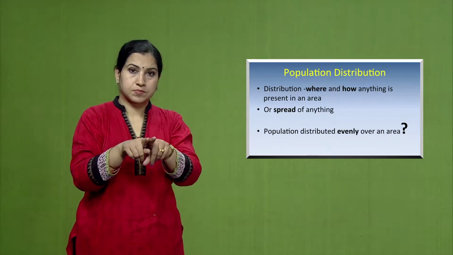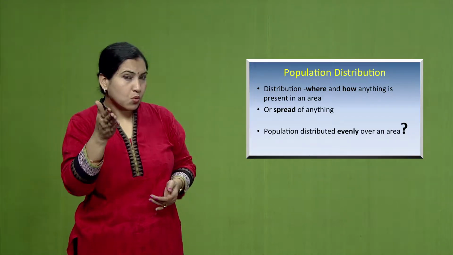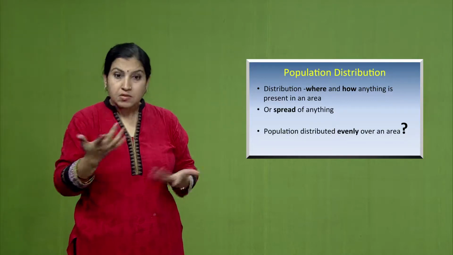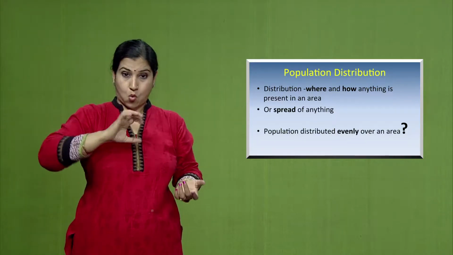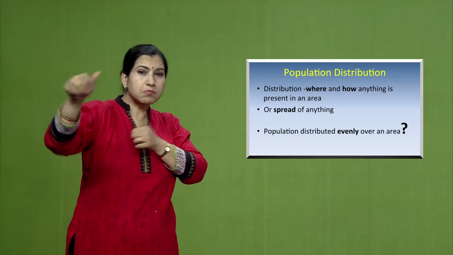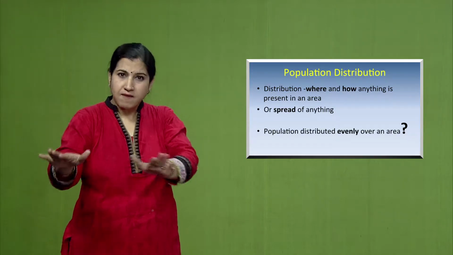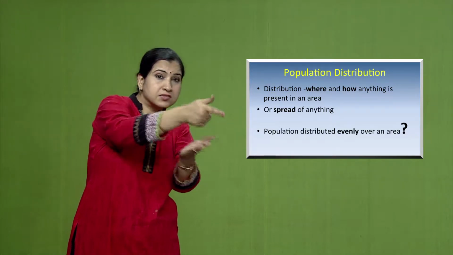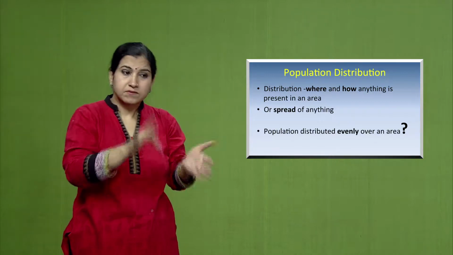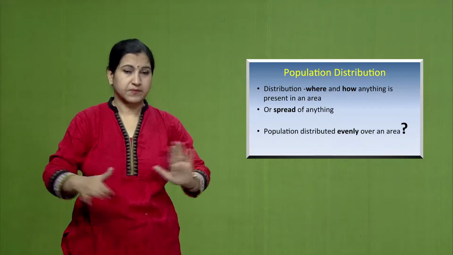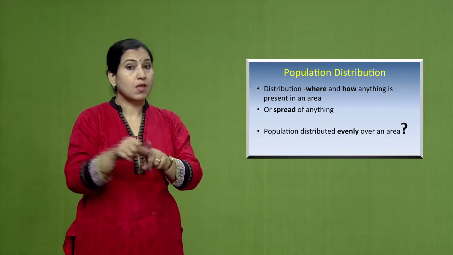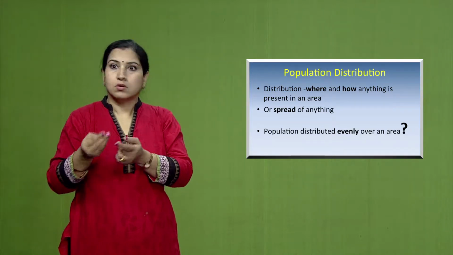Similarly, you might have come to know through news that some areas of our country have very less water available for drinking and for agriculture. On the other hand, some areas are flooded.